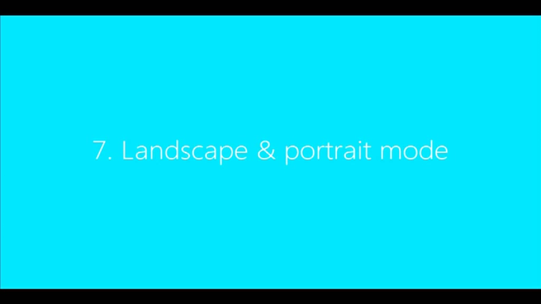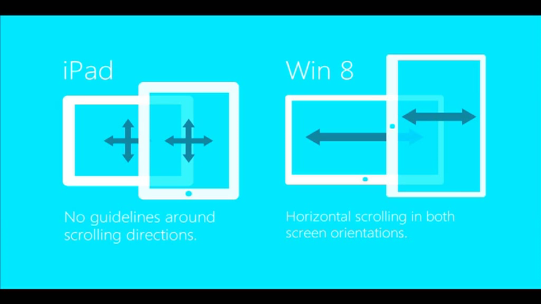Let's talk a little bit about portrait and landscape mode. On iPad, there's no real guideline around whether to design your app vertically or horizontally scrolling. So it's kind of all over the place. Windows 8 strongly recommends using horizontal scrolling to design those large panoramic pages.